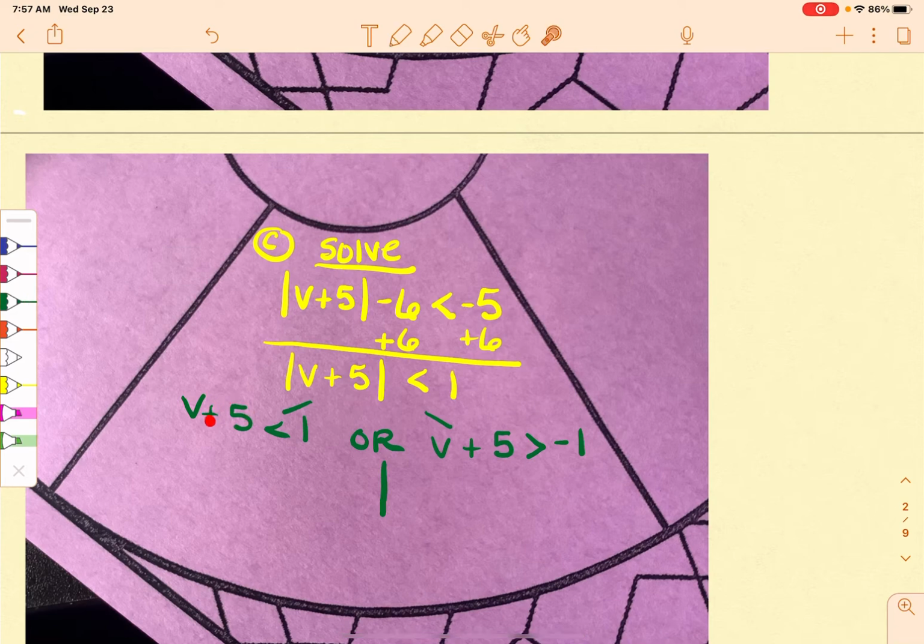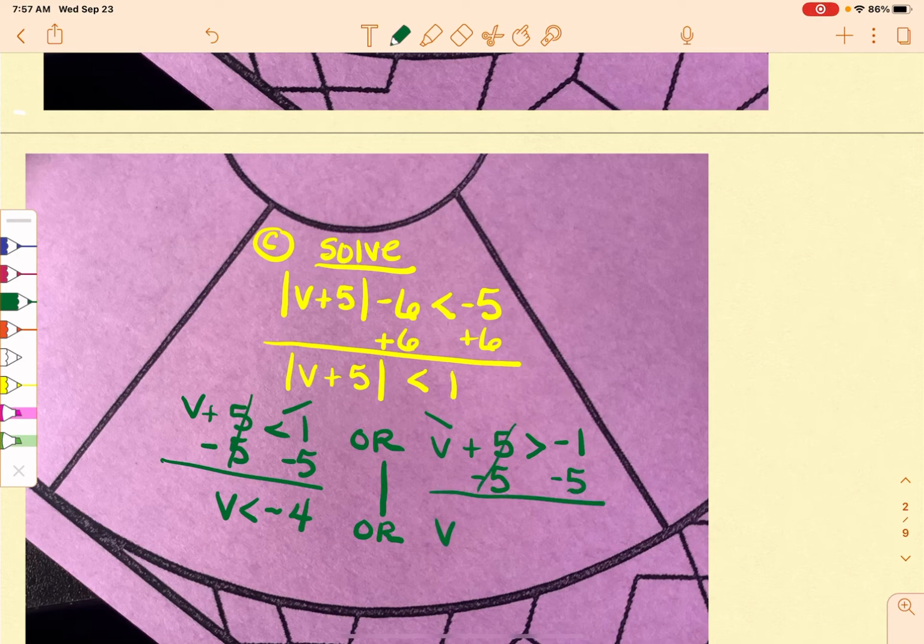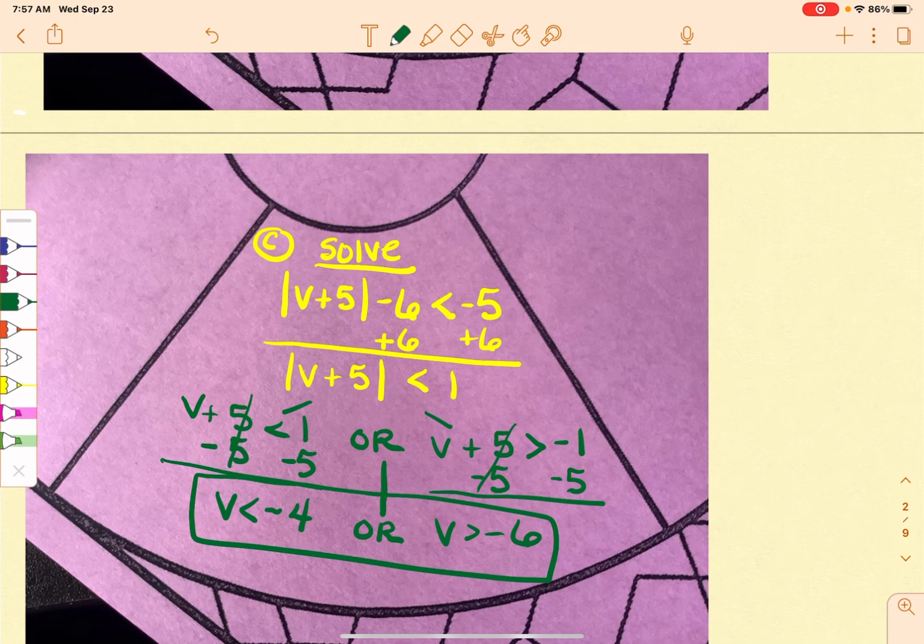If I have +5, I'm going to subtract 5 from both sides. 1 minus 5 is -4. Bring my OR down. It's the same process over here. I'm going to subtract 5, and I get -6. So those are my two answers.